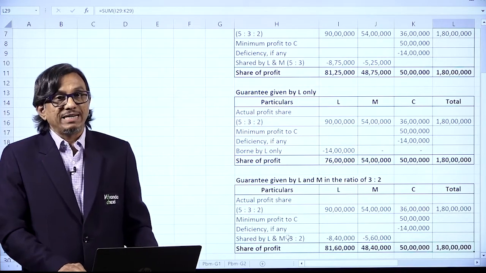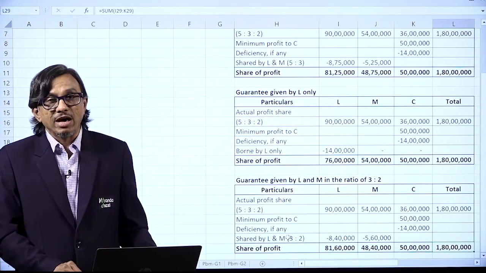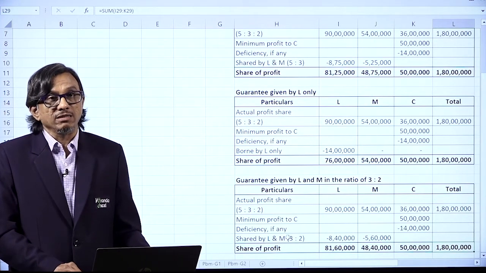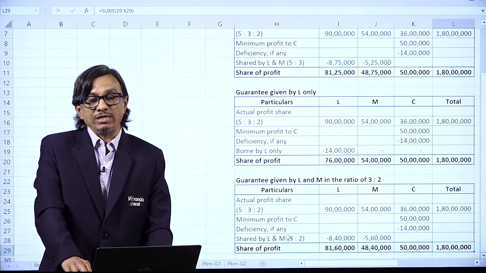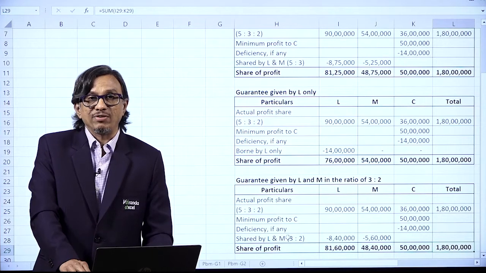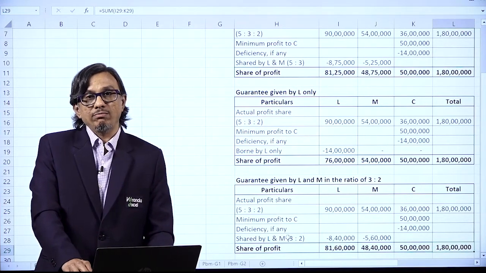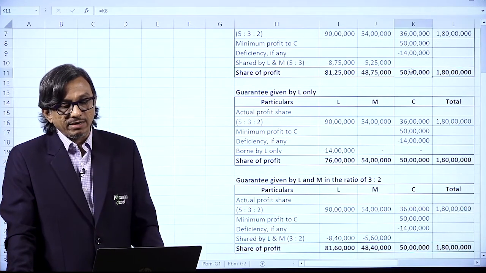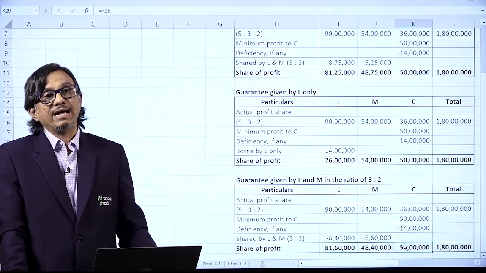So, in the place of 90 lakhs, L will get only 81.60. In the place of M 54 lakhs, he will get only 48.40, but C, being the guaranteed partner, he will get 50 lakhs. So, you can see in all the three situations, whoever bears the deficiency, whether the firm or only one or both, the guaranteed partner C's share of profit is always 50 lakhs.